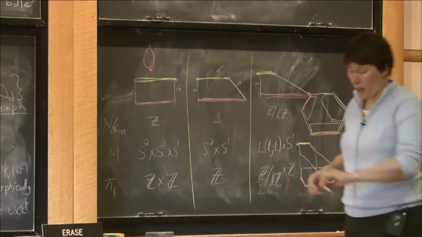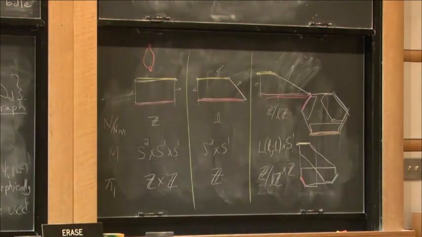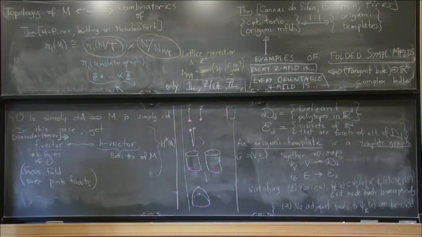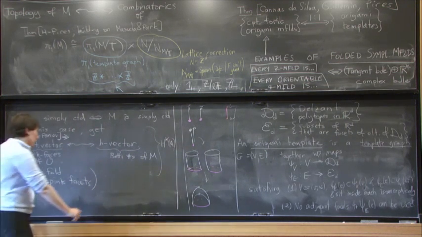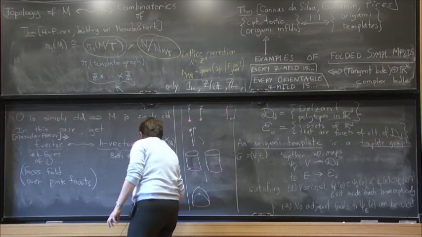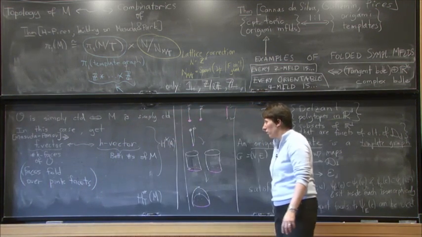The other thing that I want to say that generalizes, okay, so this is sort of to compute H star of M when M is simply connected. When M is simply connected, we can do the same thing to compute HT star. And again, there are sort of 2 points of view.